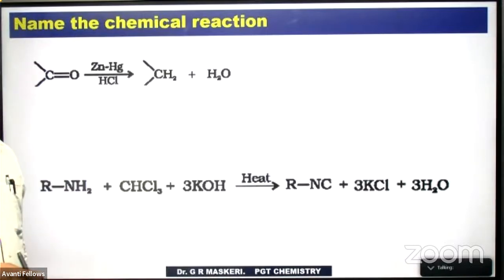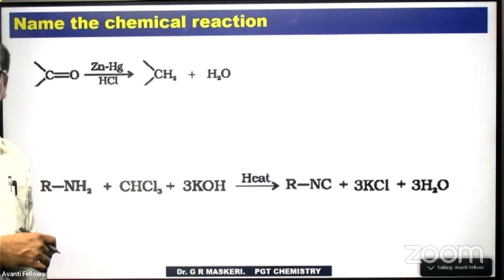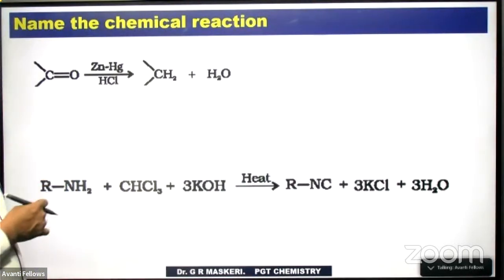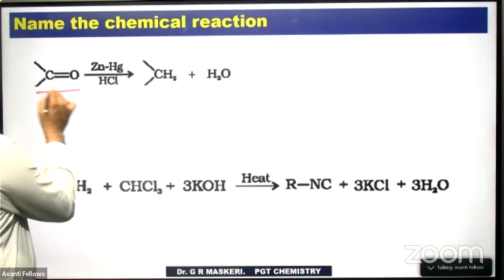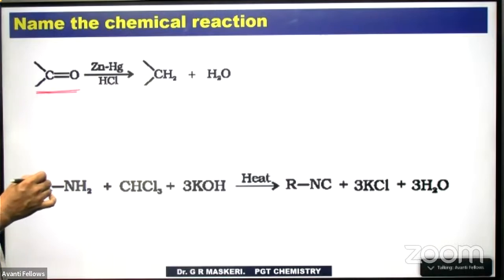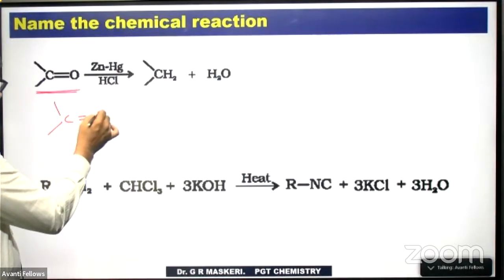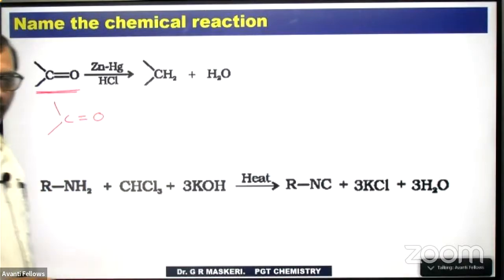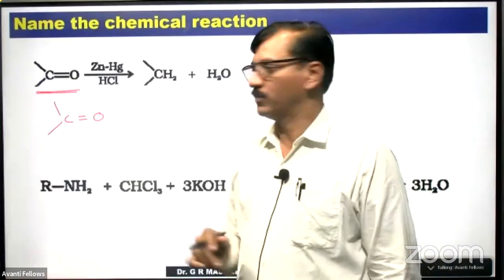Now, this is the one I have not asked in the morning. Probably that was asked in the morning also. So, this way of writing is either an aldehyde or a ketone. So, they simply write C double bond O, because C double bond O is present in either aldehyde or ketone, right?